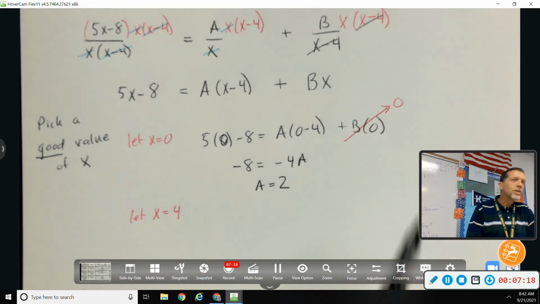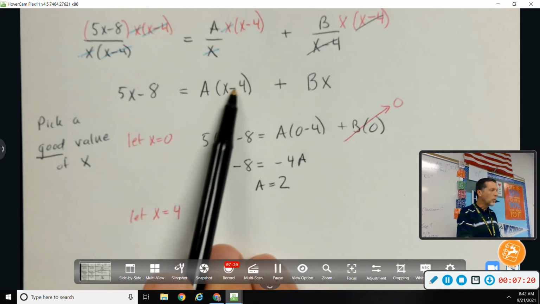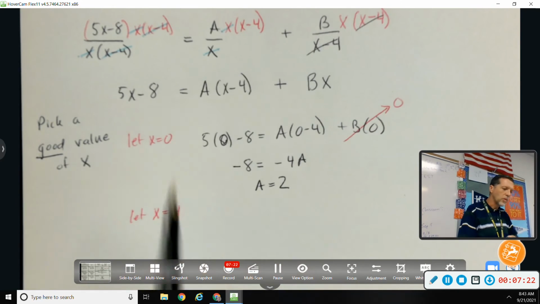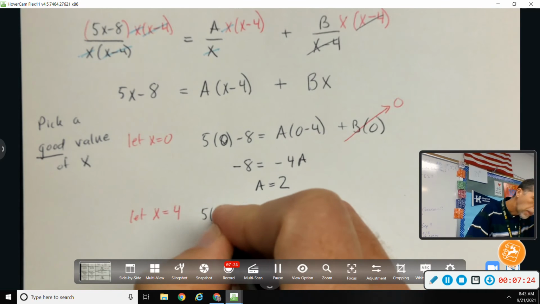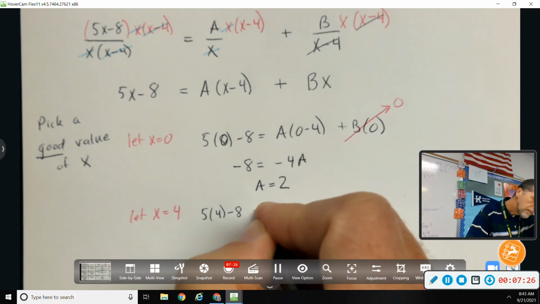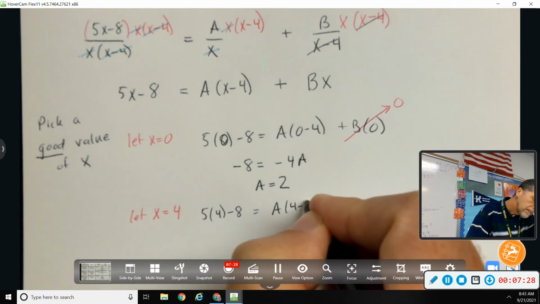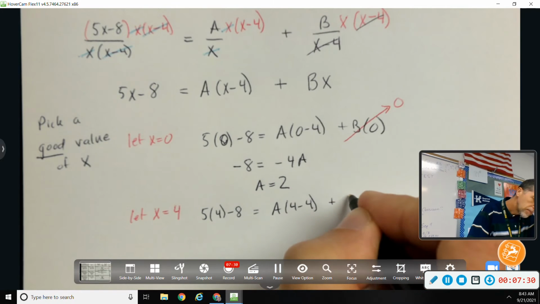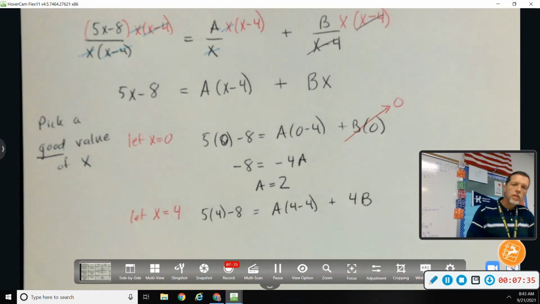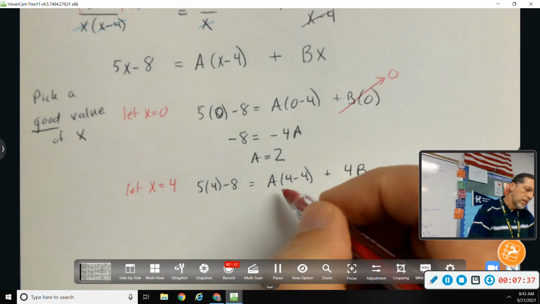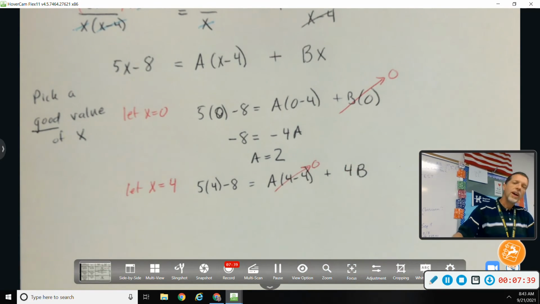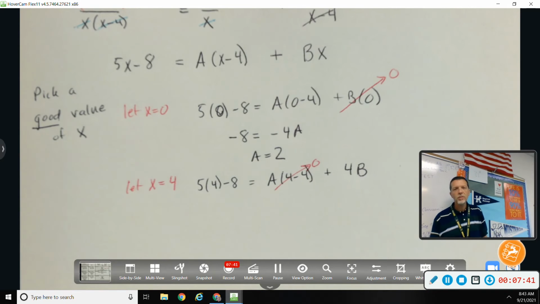So who cares what it does to the rest of the equation? What we're concerned with is making some of this stuff go away. So again, great pick for x, because we wiped out that term.